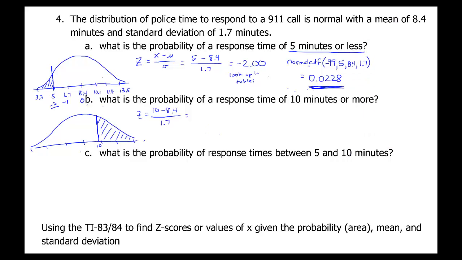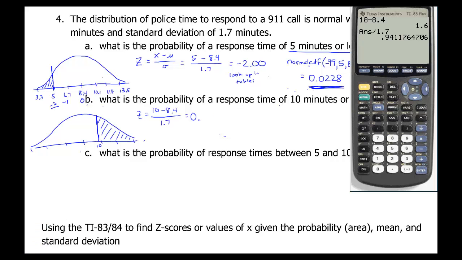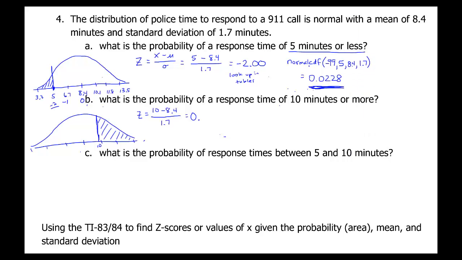And again, you can see 10 is just under one standard deviation away from the mean, and it's 0.94. So with our z-score of 0.94, we can look up area in the table.